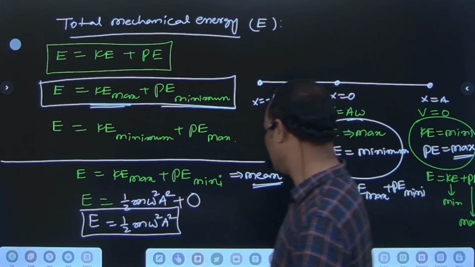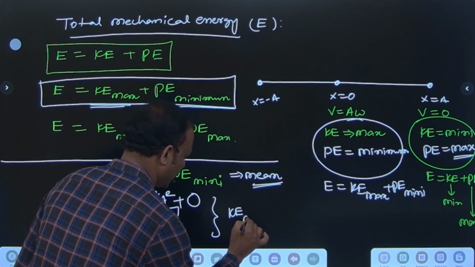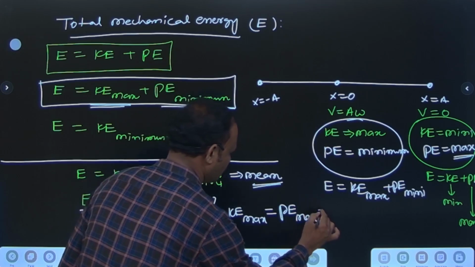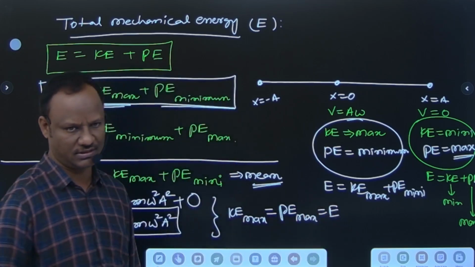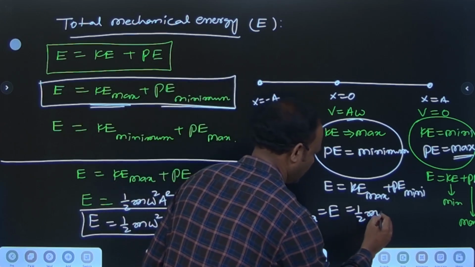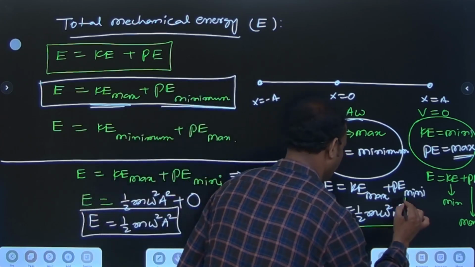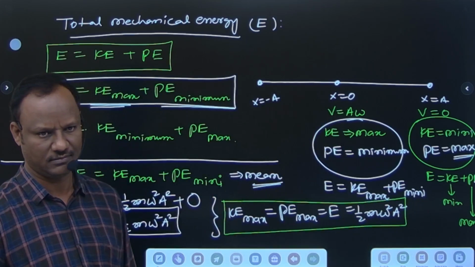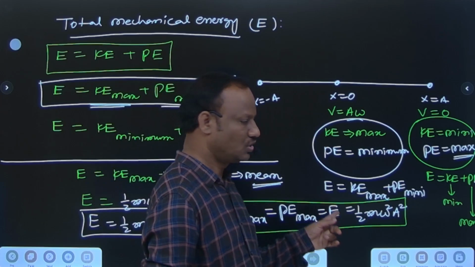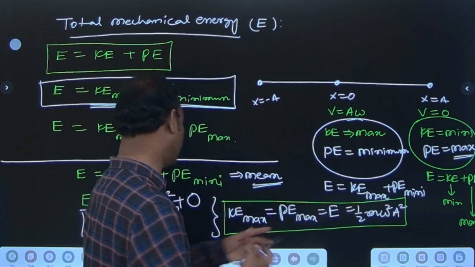Got the point? So maximum kinetic energy is equal to maximum potential energy is equal to total mechanical energy, which is half m omega square a square.